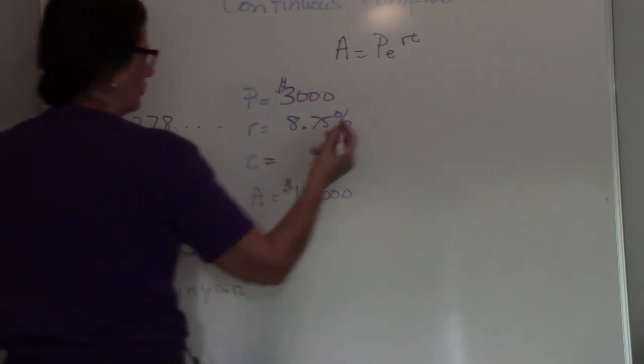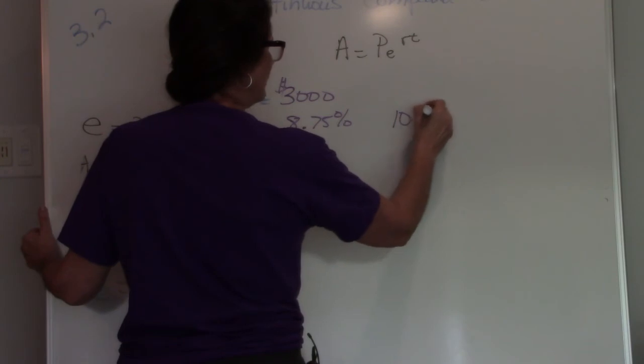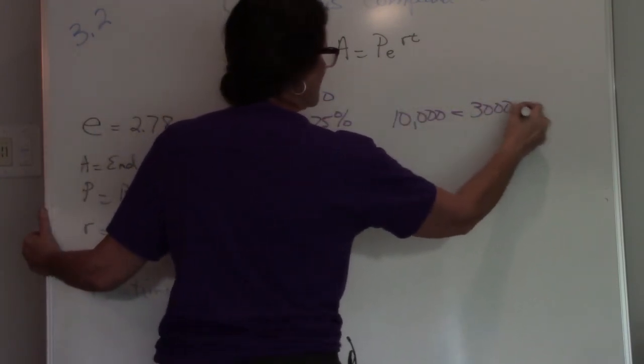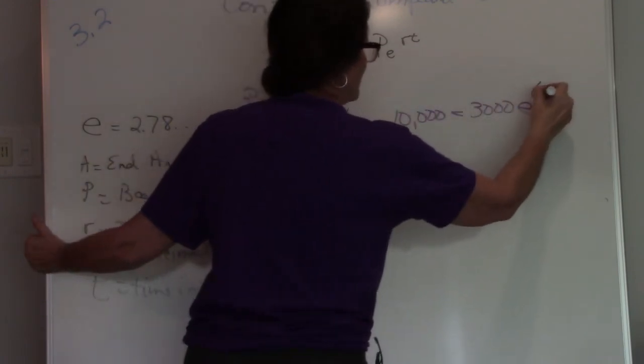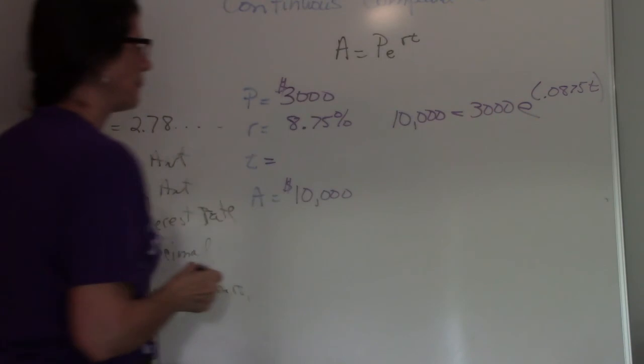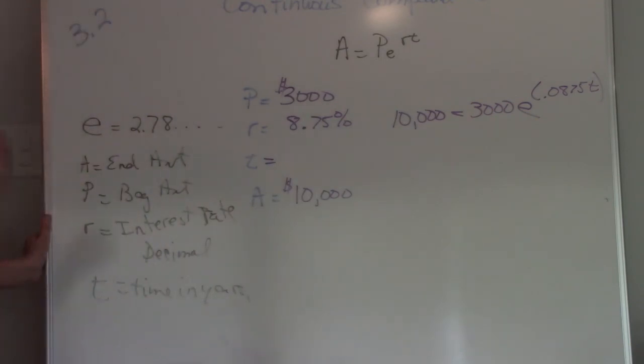We start with our 10,000 as our ending amount. Our beginning amount is 3,000. e is our natural number, raised to the 0.0875 times the time. Just like when we were looking for rate, now we're looking for time.